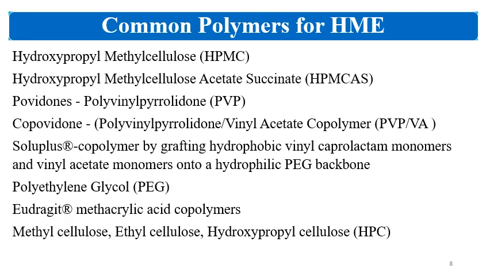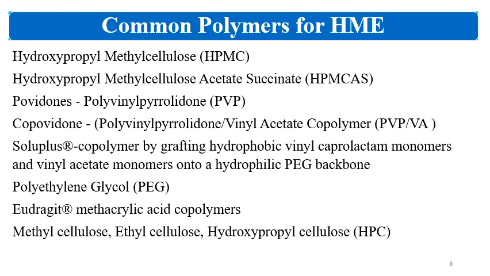So common polymers used in HME may be hydrophilic or hydrophobic. HPMC is there, HPMC acetate succinate is there, polyvinyl pyrrolidone, that is PVP, and copovidone, that is called PVP-VA copolymer. Soluplus polymer is there, which is recently researched for HME. Polyethylene glycol is also there.